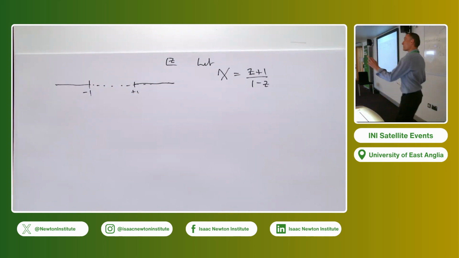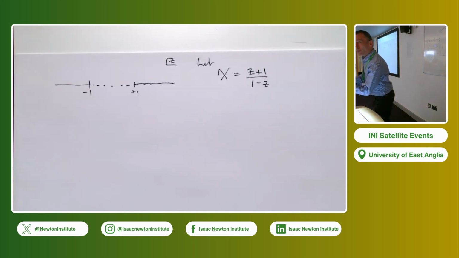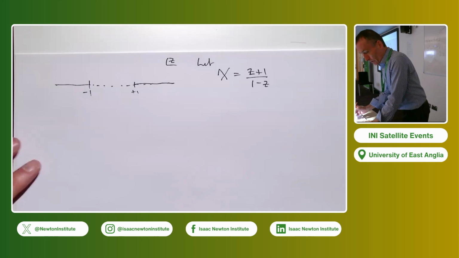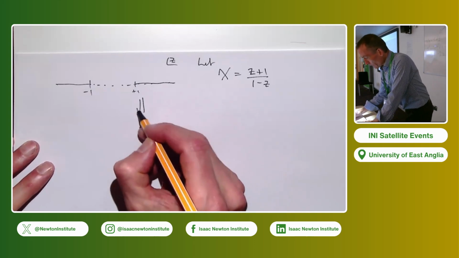What do we know about Mobius maps? One thing that's true of Mobius maps is they map every circle to another circle. That's easy to prove. I'm just going to tell you what the answer is here.